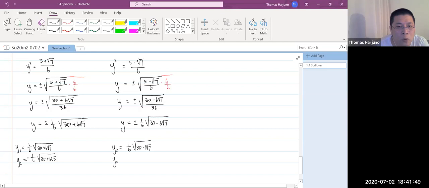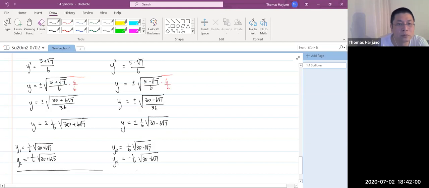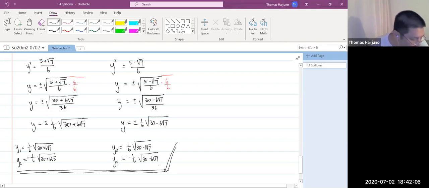And Y4 is the negative of the negative branch. A lot of solutions, huh? So when you do number 37, you may encounter something very, very similar to this.